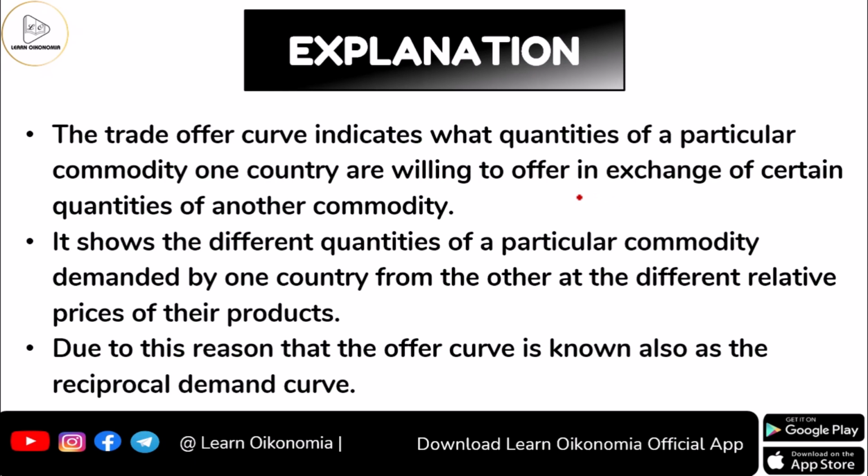It shows the quantities of a good demanded by one nation from another, and various quantities of another commodity which it would take from the other nation, at different relative prices. As a result, the offer curve is also known as the reciprocal demand curve.